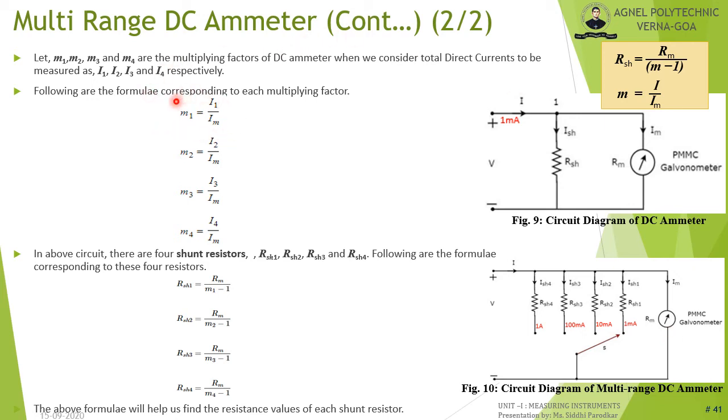Using this value of M1, we can find the value of the shunt resistor 1. RSH1 will be equal to Rm divided by M1 minus 1. We have to replace M by M1. Similarly, we can find the remaining values of M2, M3 and M4. Using these values of the multiplying factors, we can find the shunt resistors.